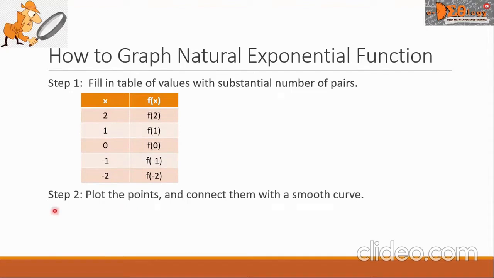And then, step 2, plot the points and connect them with a smooth curve.